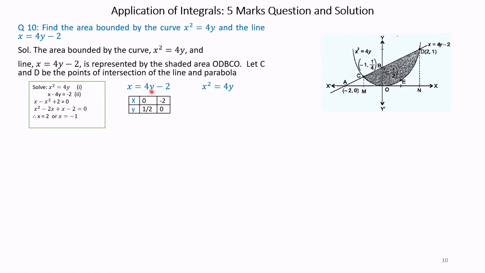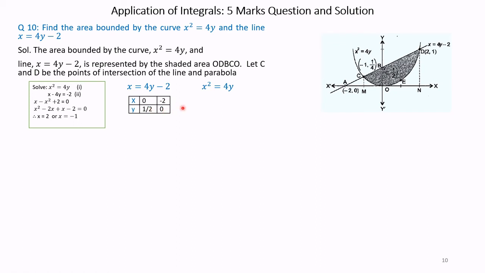Then 4y is equal to 2, or y is equal to 2 by 4, that is 0.5. So 0 and half is one point. To find the second point, we put the value of y as 0. Then this equation becomes x is equal to minus 2. That is written as minus 2 and 0. So we have got two points of the straight line.